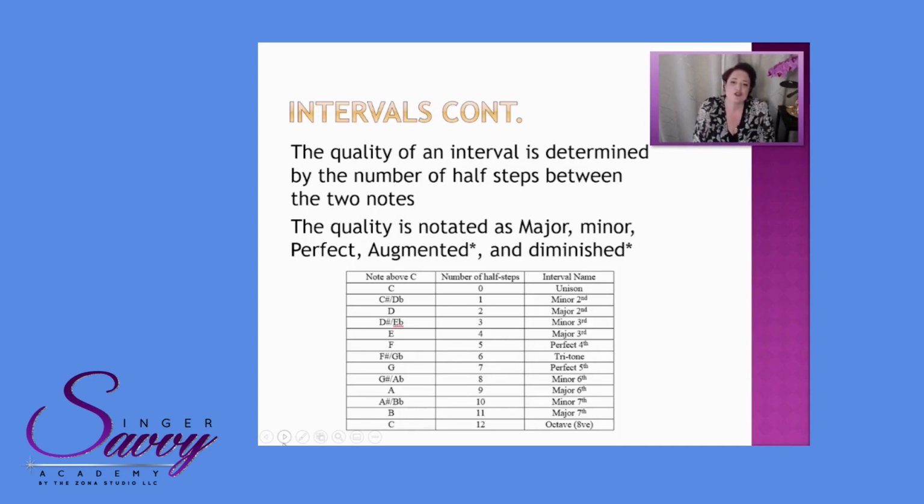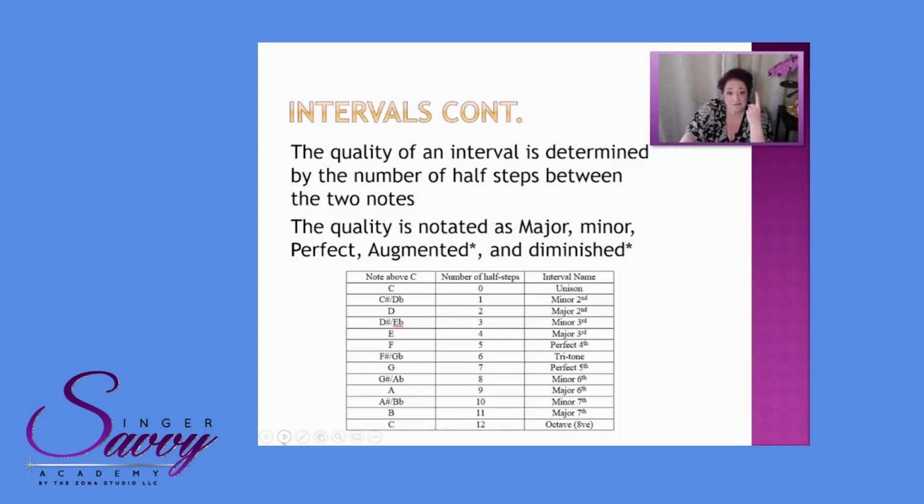Now, there are 4 intervals that are qualified as perfect, okay? And they're perfect because way back when it has to do with overtones and the perfect overtones that divide equally, and I'm not going to get into that, all right? But there are 4 intervals that are considered perfect.